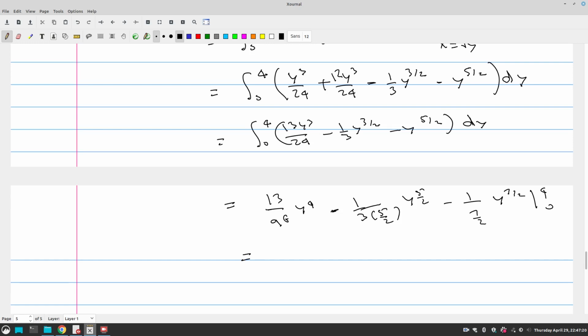Okay, so 13 by 96 times y to the 4 is, I think, 256 by 96 times 13, minus y to the 5 by 2, 4 to the 5 by 2, 4 cubed, 64, 4 is 1024, square root of 1024.